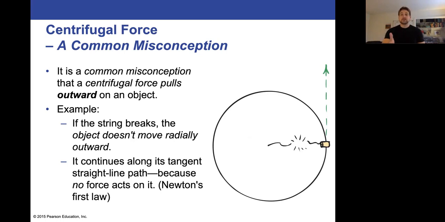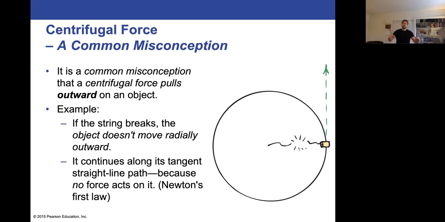We know that. If we break the string, if we break the lanyard, it doesn't continue moving in a circle, nor does it run away from the circle. If I let go right at the instant, I'm not going to because it's going to hit the ceiling and make a dent.